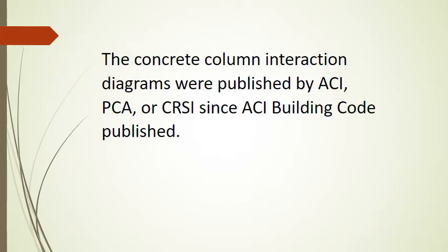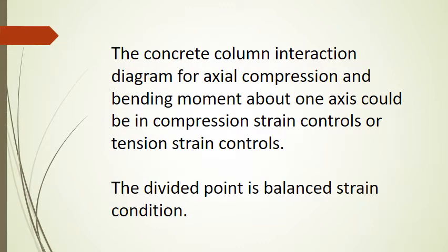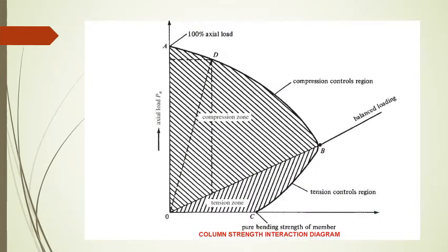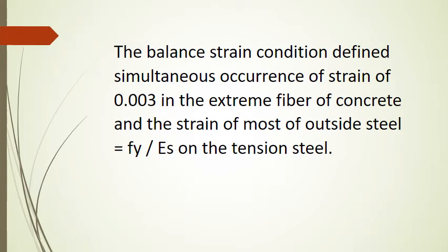The concrete column interaction diagrams were published by ACI, PCA, or CRSI since the ACI Building Code was published. The concrete column interaction diagram for axial compression and bending moment about one axis could be in compression strain controls or tension strain controls. The dividing point is the balanced strain condition.